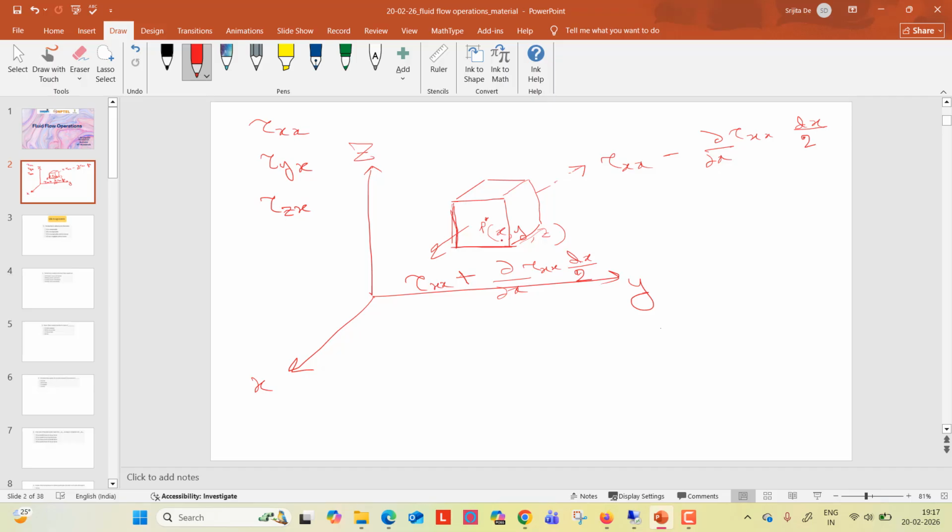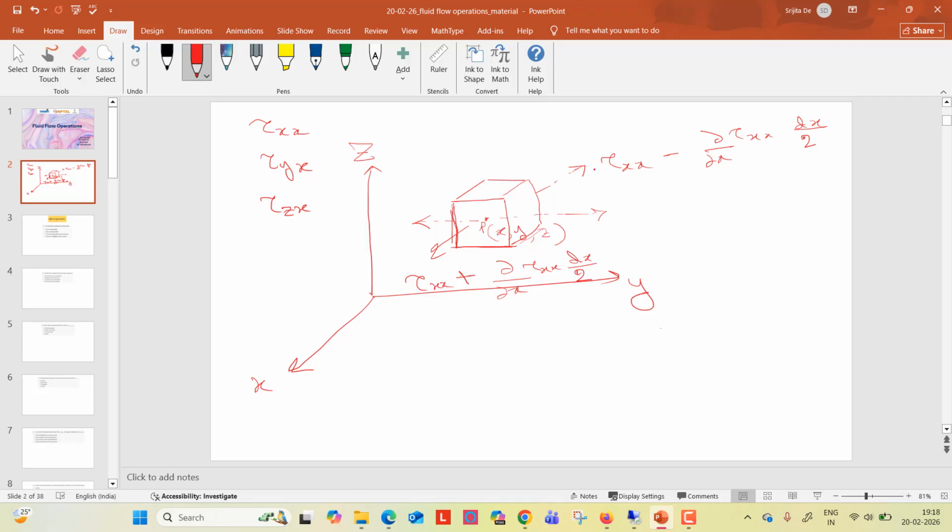So this will work on this plane. This is the plus y direction and this is your minus y direction, right? So how will it change?